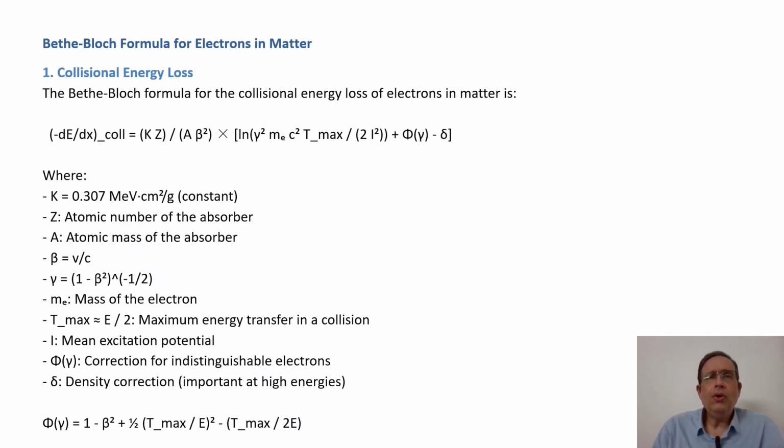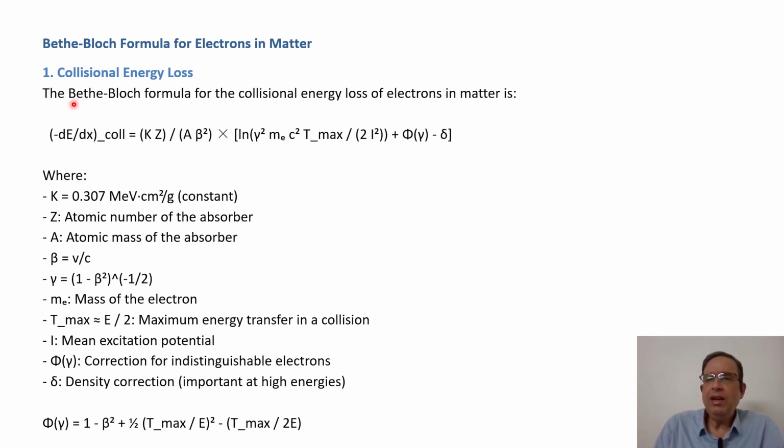Of course, the interaction of electrons in matter is described by the Bethe-Bloch formula for electrons in matter. In this formula, we again have two types of losses: the radiative loss and the collisional energy loss.